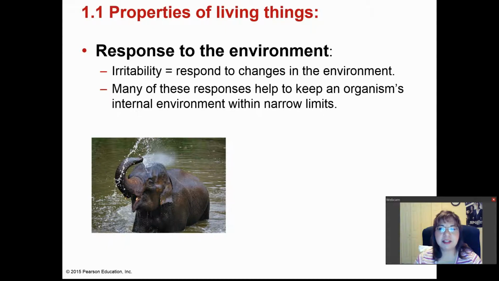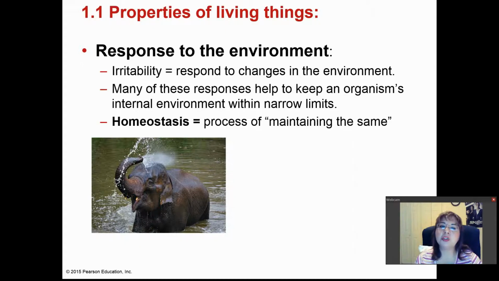In other words, we have this internal environment, and the whole point of irritability, or the ability to respond to change, is to help you maintain what's called your homeostasis. These narrow limits of your internal environment have to be maintained. If you get too far outside of these narrow limits, you don't feel well, your health suffers. And so we say that homeostasis is the process of staying inside of those narrow limits, whatever they are.